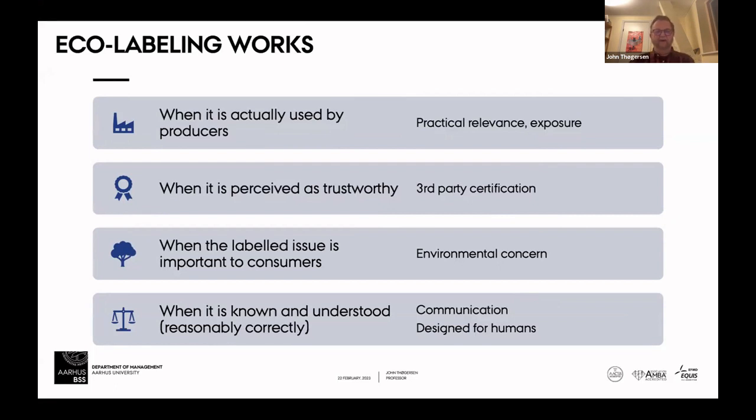It's also a prerequisite for eco-labeling to work that the specific eco aspect that's labeled is important to consumers.